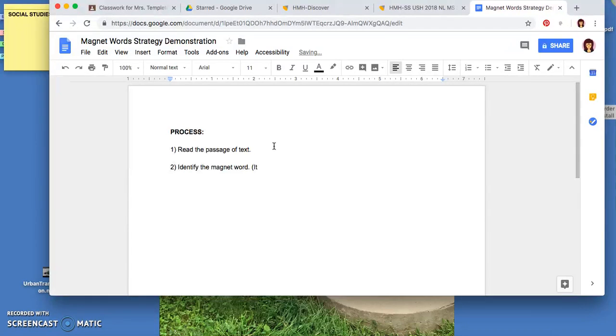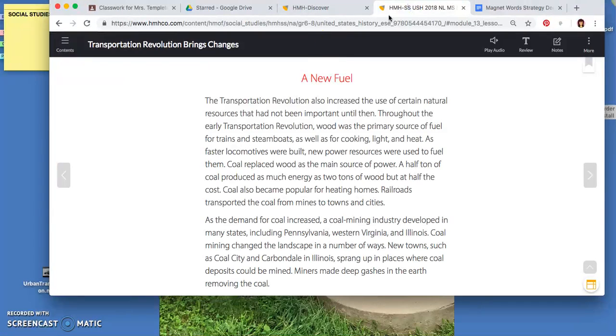And when I'm identifying a magnet word, it is often a good idea to use a section heading when it is available. And I should say that a magnet word isn't always one word. It can be a phrase. In this case, the section heading is a new fuel, so that's obviously a phrase.